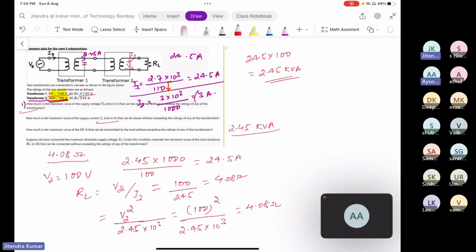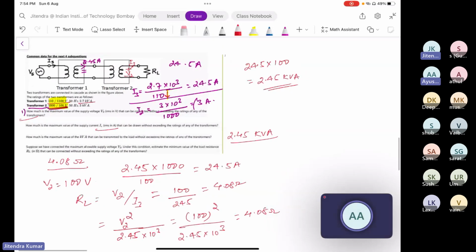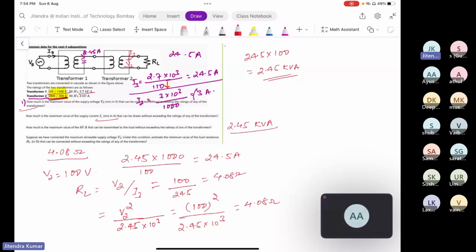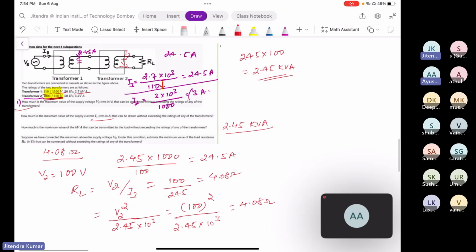Sir, I hope this is right. Sorry, what did you just say? Which ways have we calculated, sir? What are the different approaches? I think when you are given the ratings in terms of kVA, you just go ahead with RL as resistance, or impedance basically.